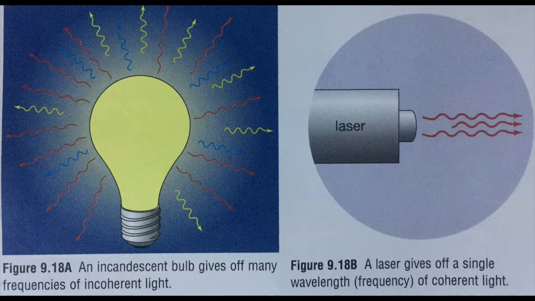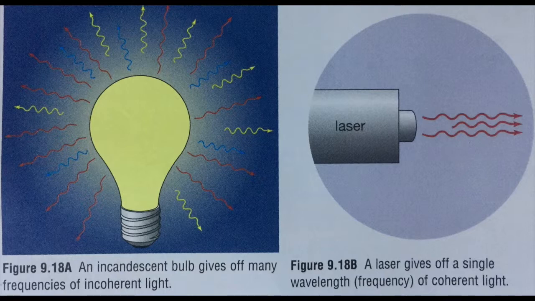Moreover, the waves are all jumbled. Crests from one wave might overlap a trough from another, making the waves work against each other. Such light is called incoherent. A laser, on the other hand, emits waves with only one frequency or wavelength, as shown in figure 9.18b.